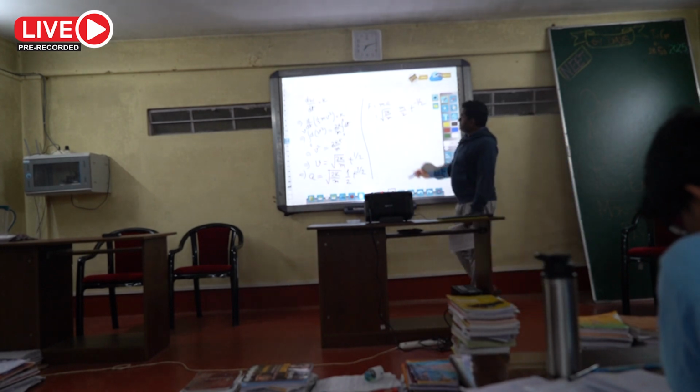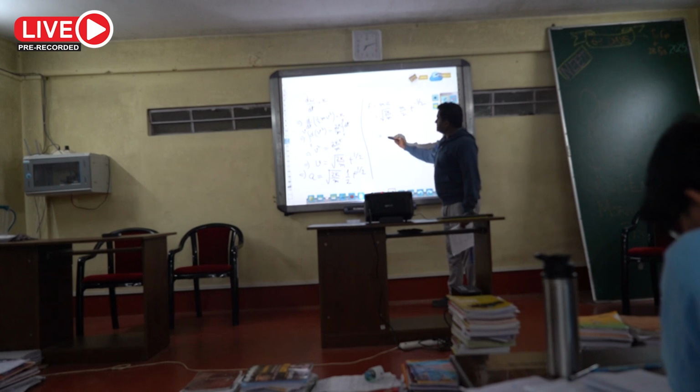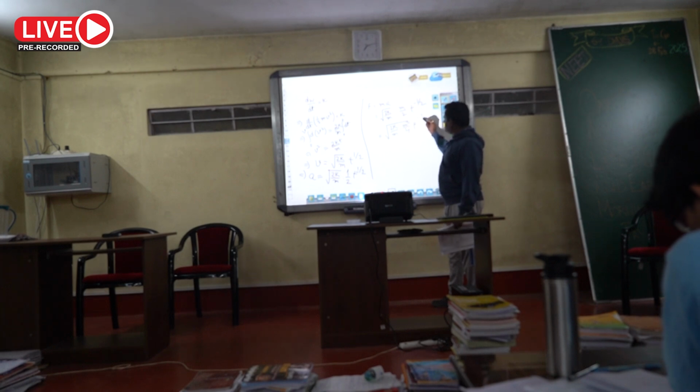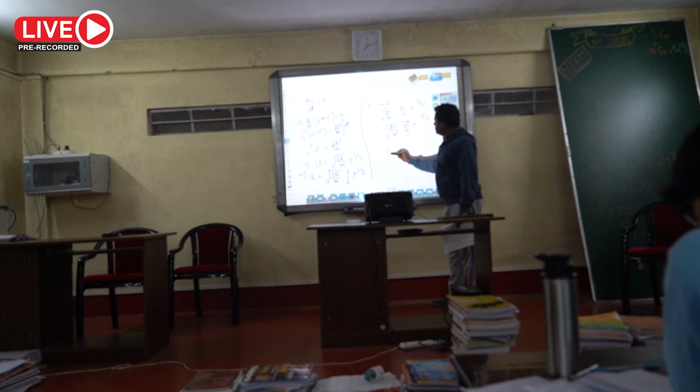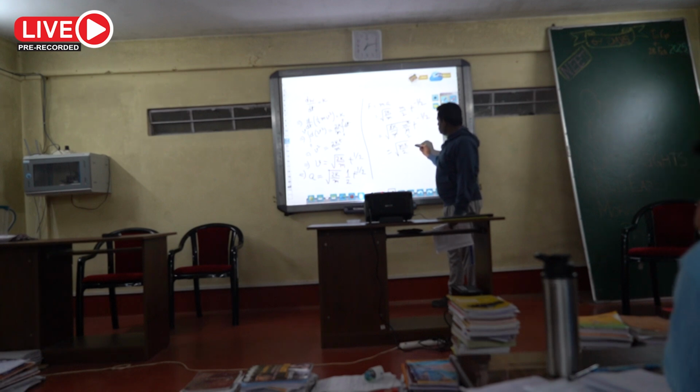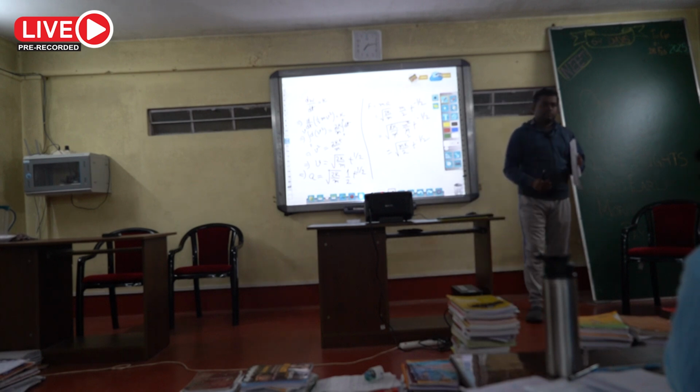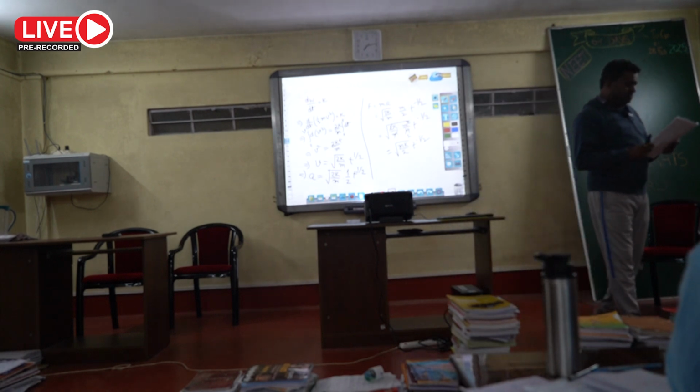Okay. So take this term inside the root. It will be 2k by m into m square by 4 t to the power minus half. One m will cancel, this 2 will cancel, so it will be root over of mk by 2 t to the power minus half. This is the value of force.